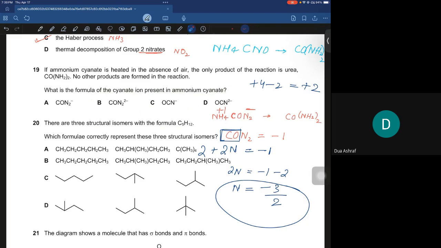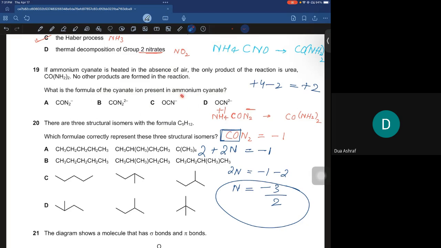If you solve it the way we discussed when balancing redox equations, first we balance the metals, then the non-metals, then we balance the charge by adding electrons. You can solve it by that method. The charge should be balanced.